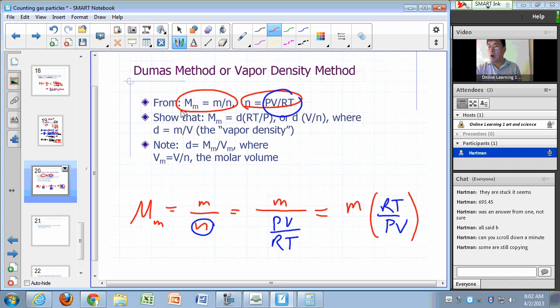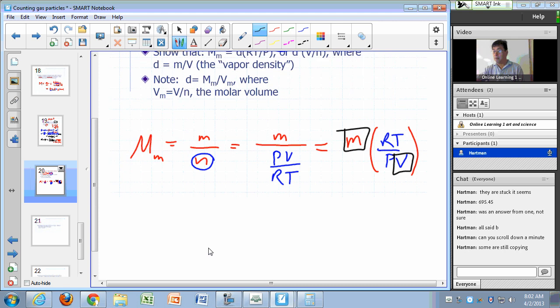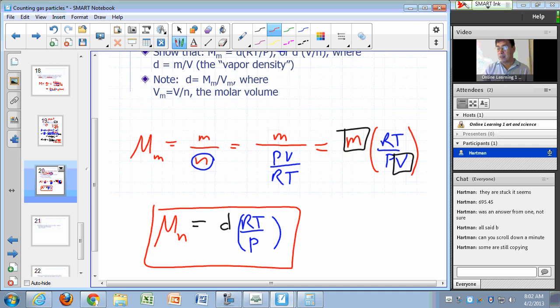But I know that mass divided by the volume is just the density, right? So I can rewrite this. Mass divided by volume is just density. So that's just density times RT over P. So molar mass would be equal to the density of the gas times RT divided by P.